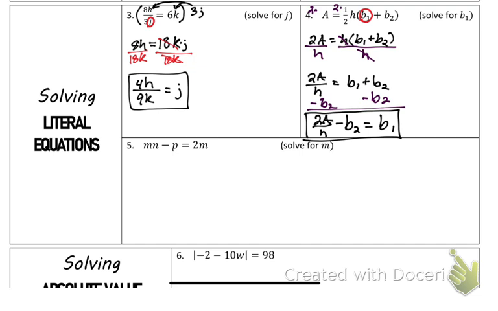My next one is a special case. And there's really only one key way to solve this one. So the second one, I'm going to notice I am solving for m. How many m's are in there? There are 2 m's. I need to turn those 2 m's into 1 m.